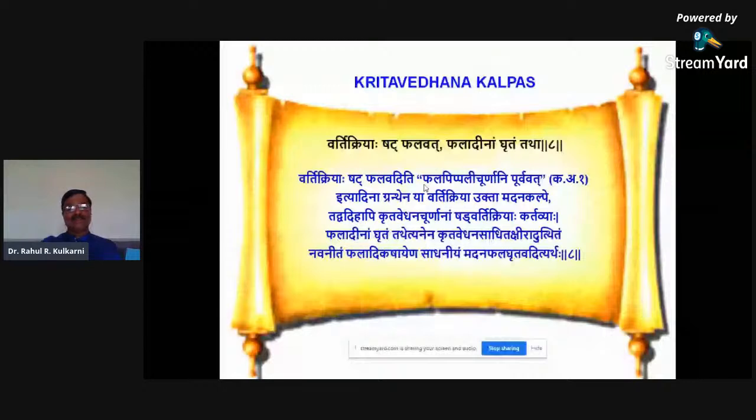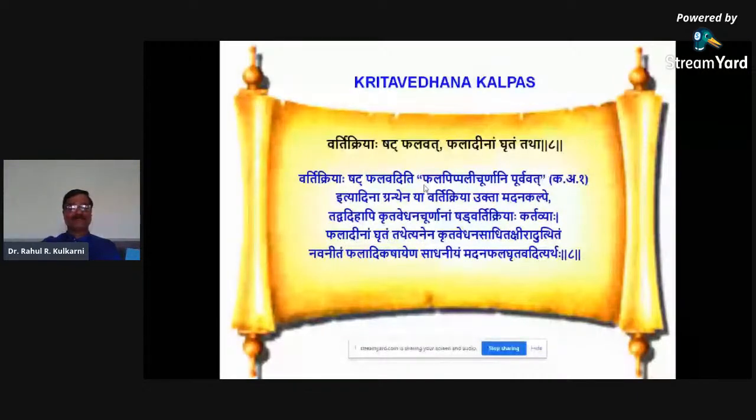And phaladinam ghrutam yattataha. How is the ghruta prepared? One part kalka, 4 parts ghruta, and 16 parts jala are taken, and from there sneha shesha paka is done. That will make the ghruta kalpana.